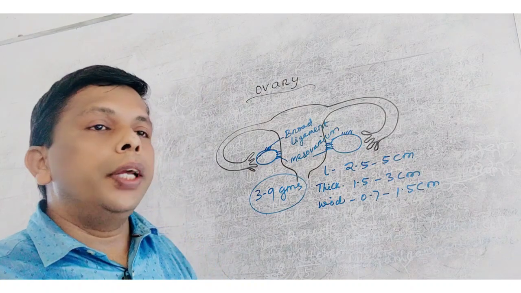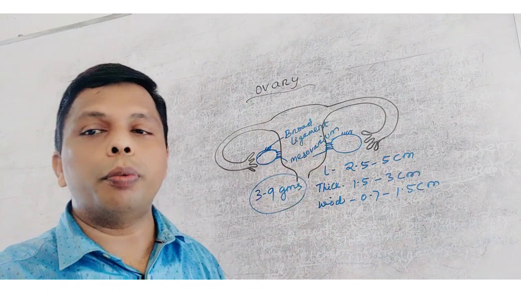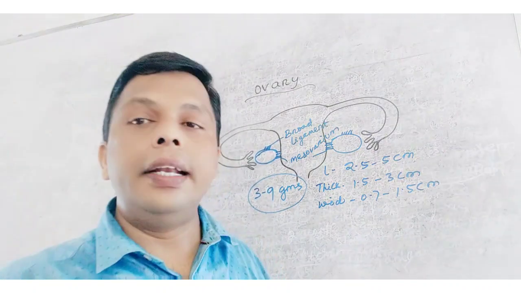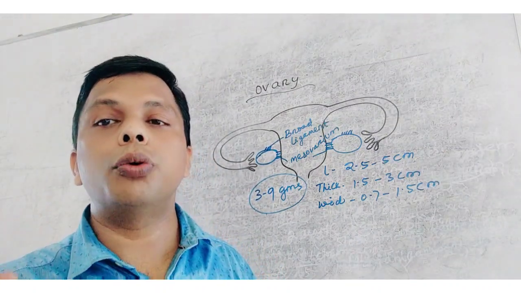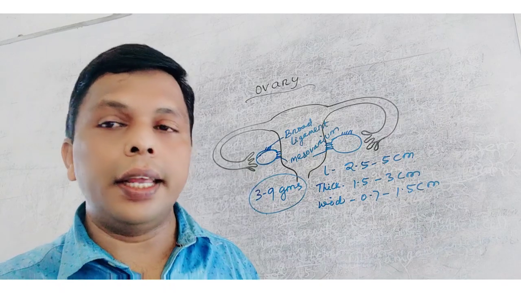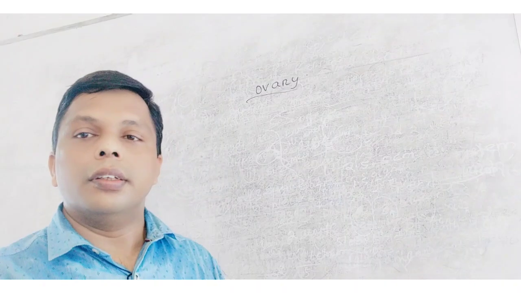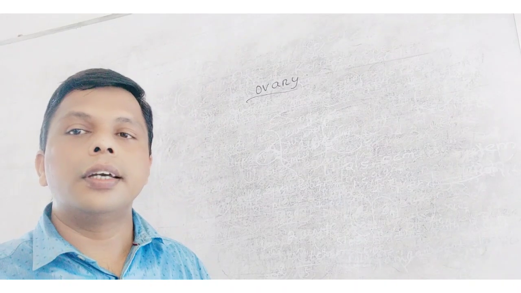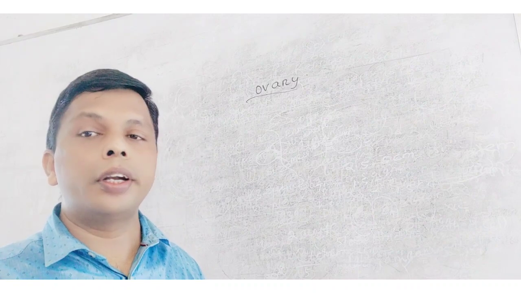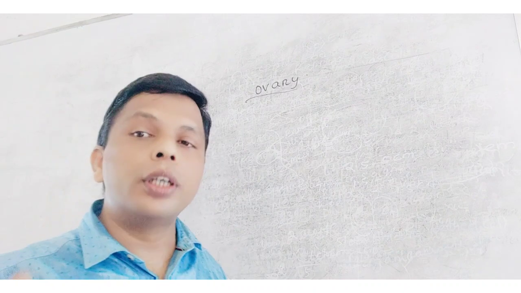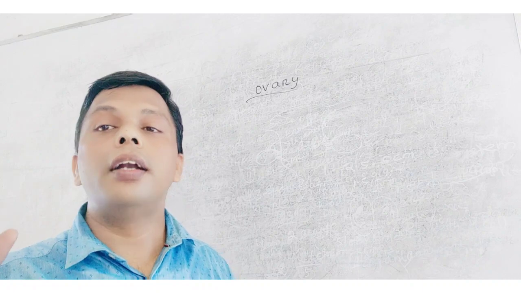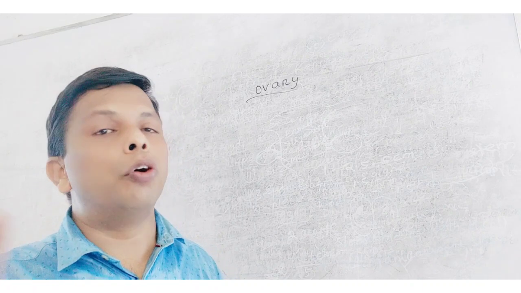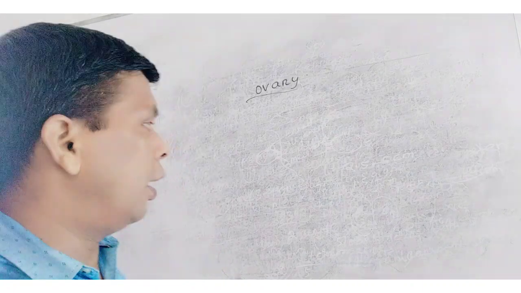Next we will go to the detailed structure of the ovary. What are the detailed components? What are the follicles inside it? These are almond shaped in structure, and we can also take it as an oval structure like this.